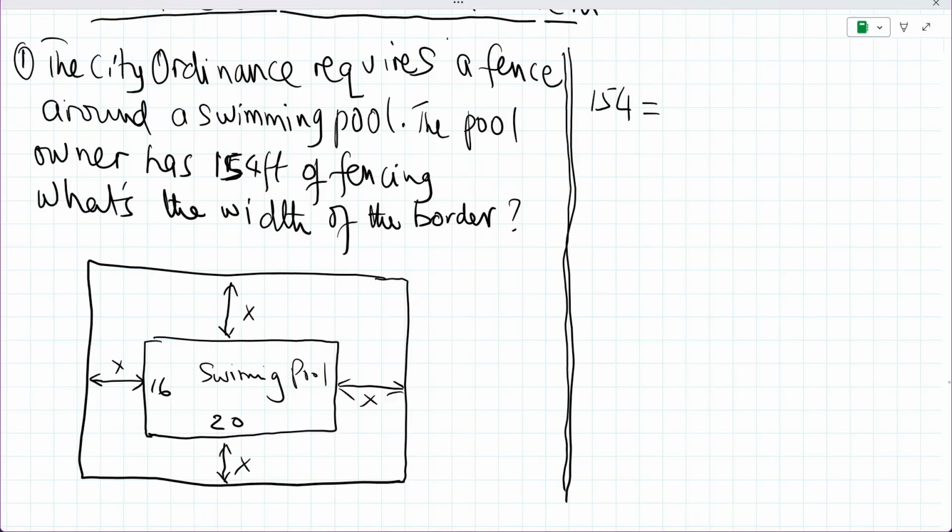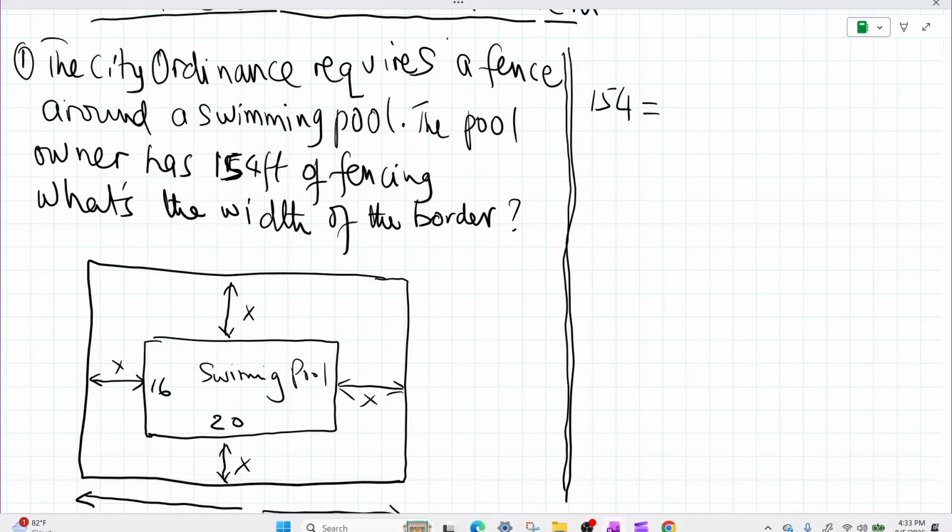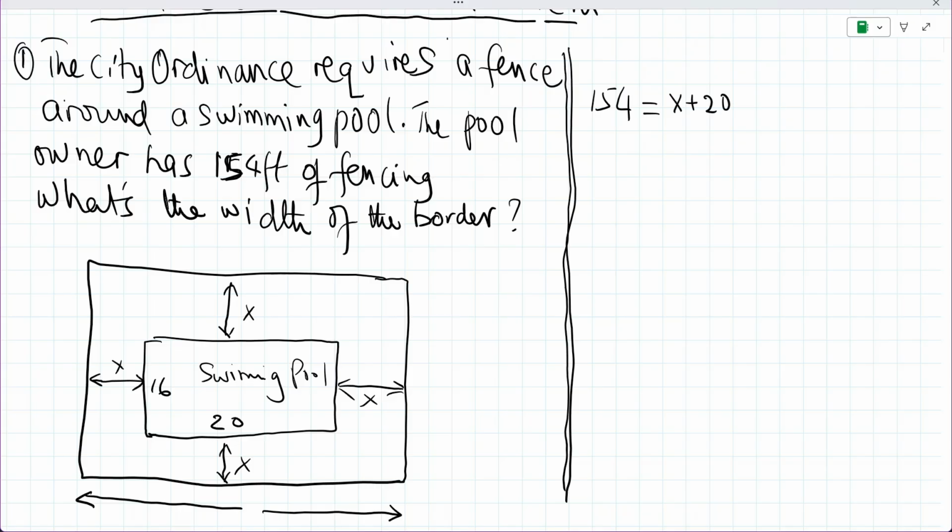Now, if we look at the length of the border, you find it to be x plus 20 plus x. So the length will be x plus 20 plus x.